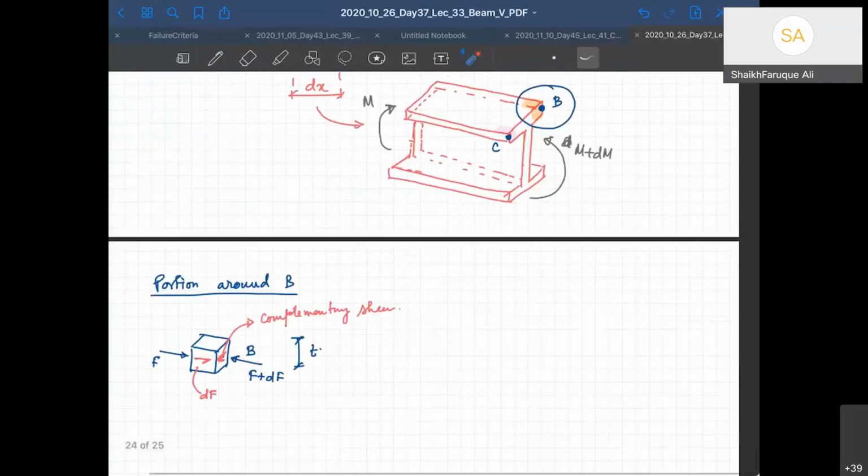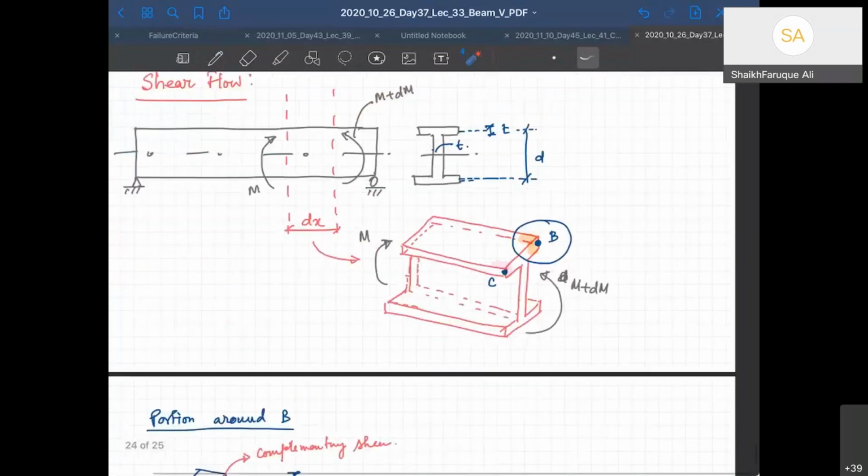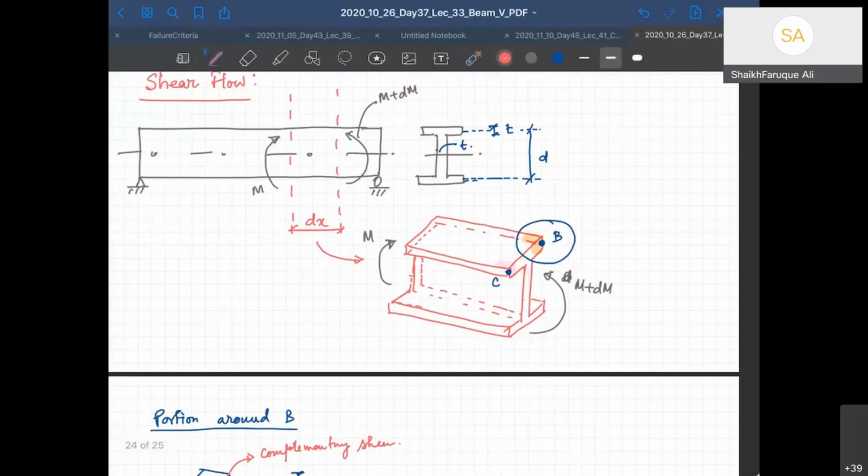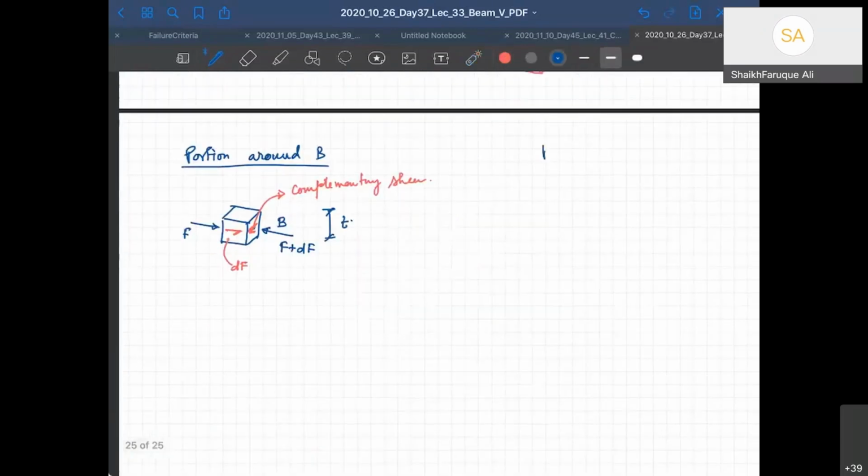Okay. If I draw a similar portion for C, I'll have the same drawing.